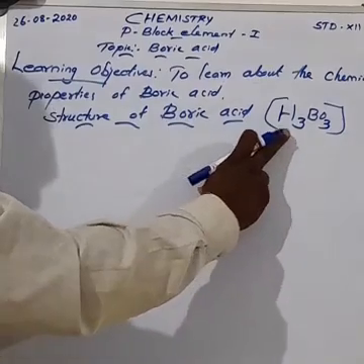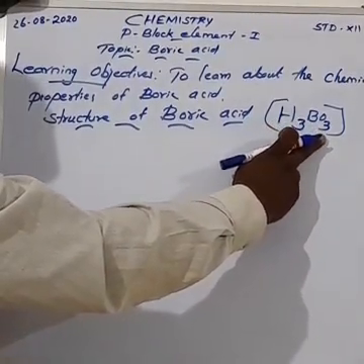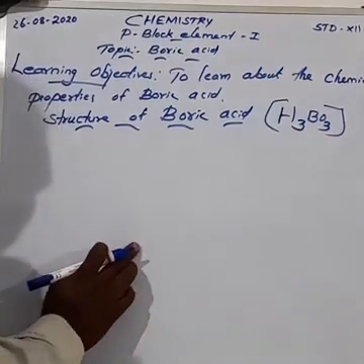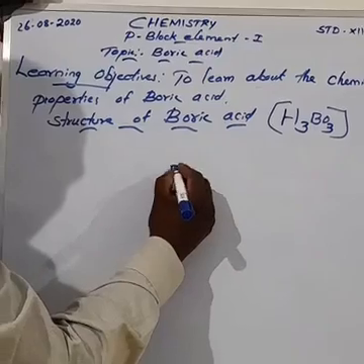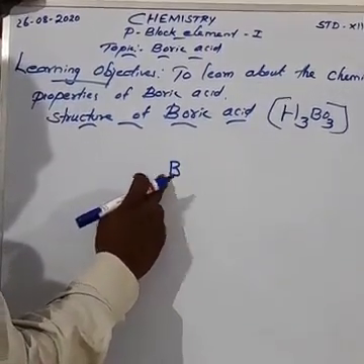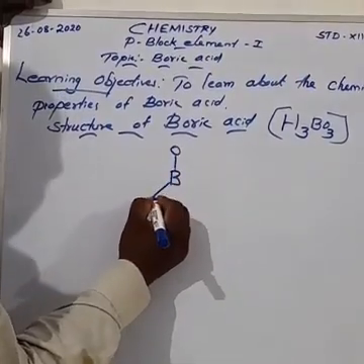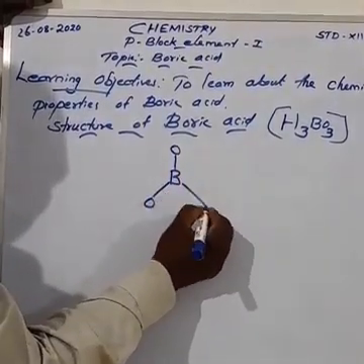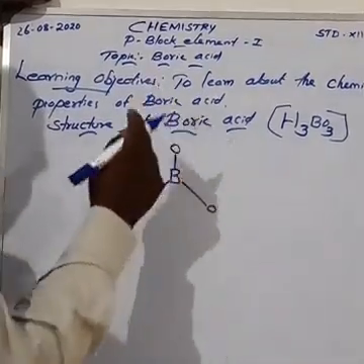Here having 3 elements: hydrogen, boron and oxygen. Whenever you are drawing the diagram, first boron atom is at the center. This boron atom is surrounded by 3 oxygen atoms. That is 1, 2, 3. Boron atom is the center, surrounded by 3 oxygen atoms.